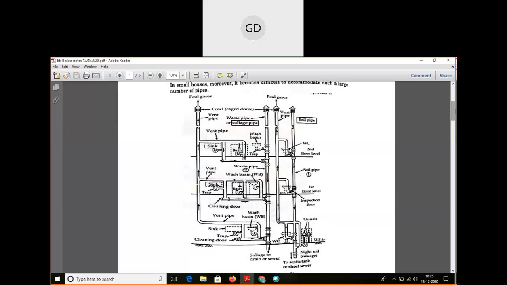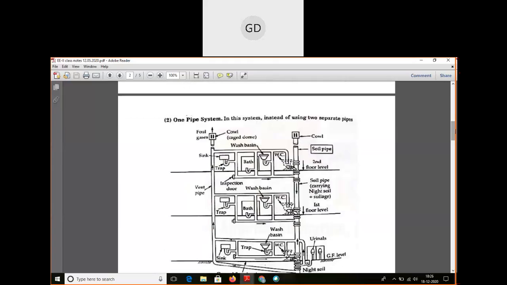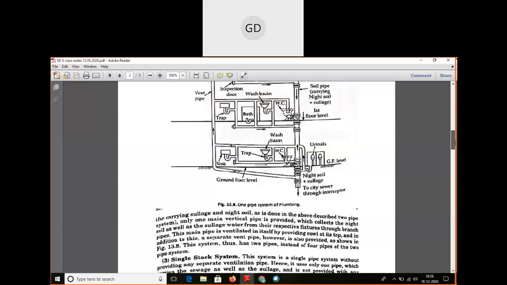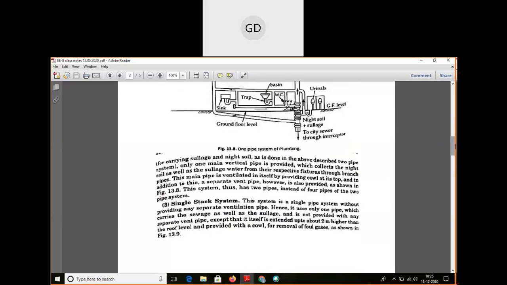Next is the one pipe system. What is a one pipe system? Instead of using two pipes as in the two pipe system for carrying the sullage and the night soil, here only one main vertical pipe will be provided.